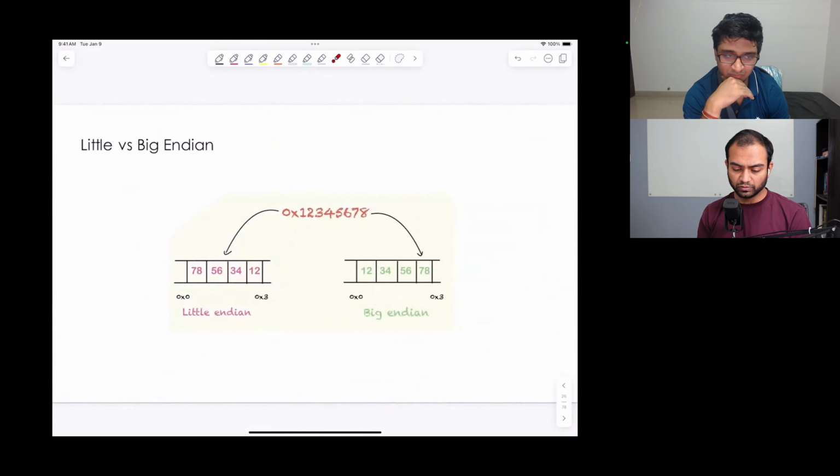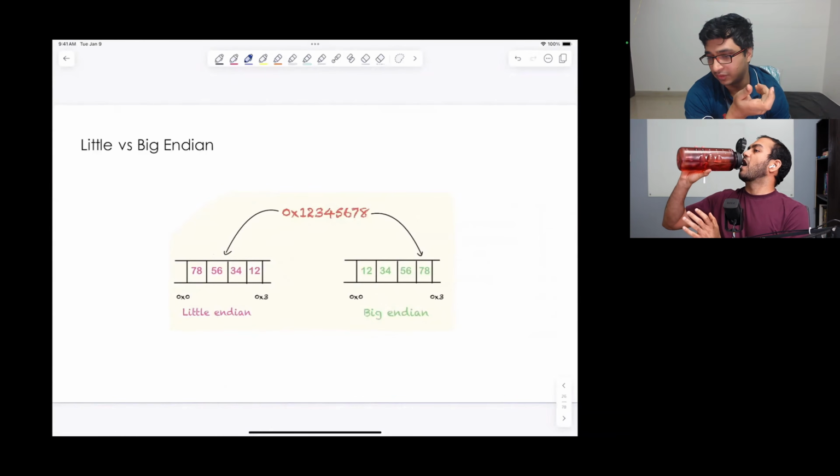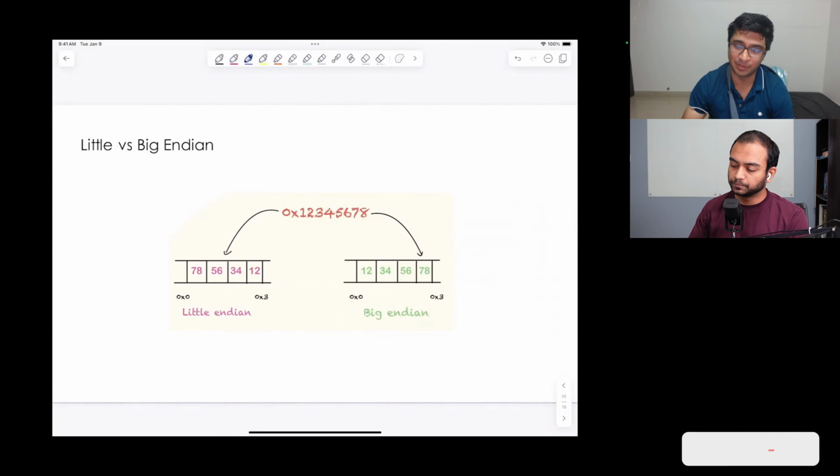Let's move on to Endianness. Whenever we talk about a CPU or any kind of interface, the thing you will often read and talk about is the Endianness of the system, how the data is stored, and sometimes people don't realize it.